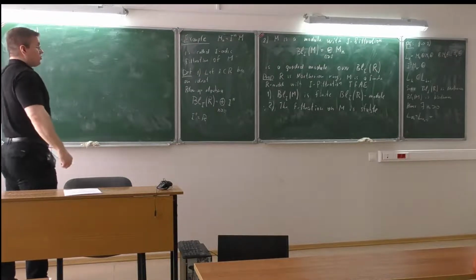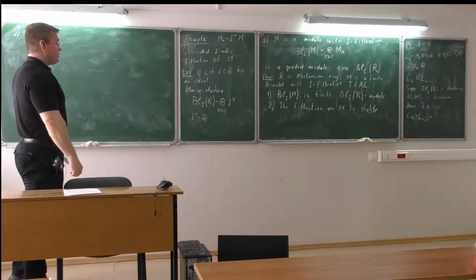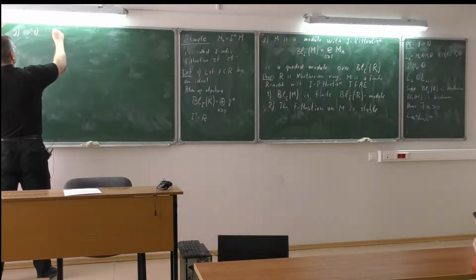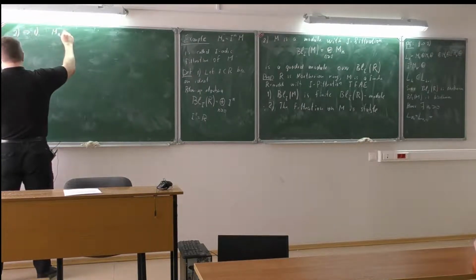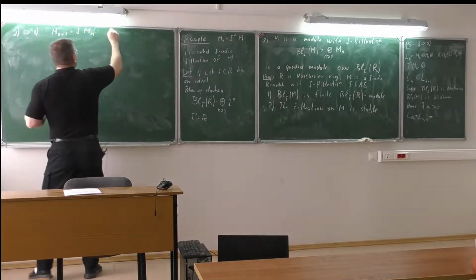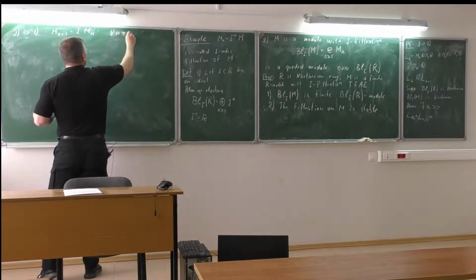So now I need to show that the blow-up of M is a finite module. What we know is that Mn plus 1 is I Mn, and this is true for any n greater or equal than some n0.